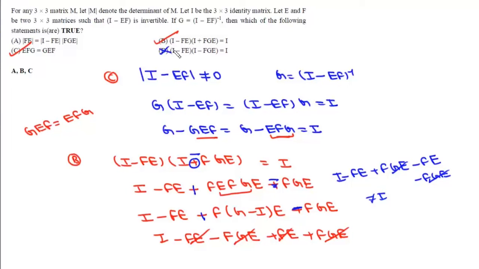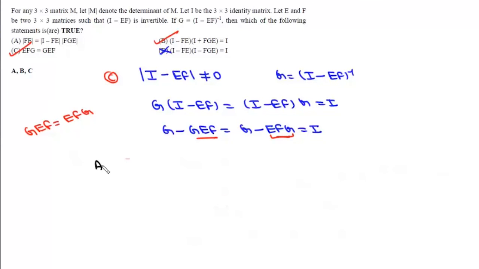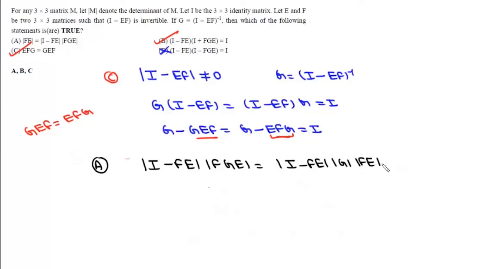Now what about this option A? Now for this option A, we have determinant of I minus FE into determinant of FGE. Now we can write this as determinant of I minus FE, and we can write this as determinant of G into determinant of FE.